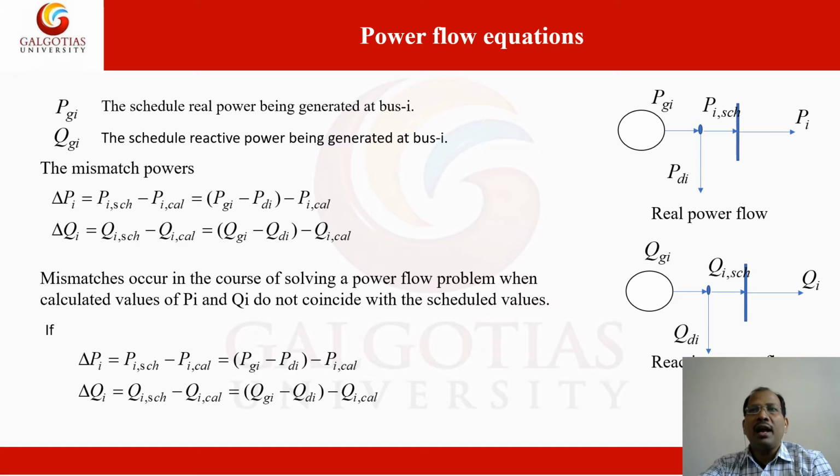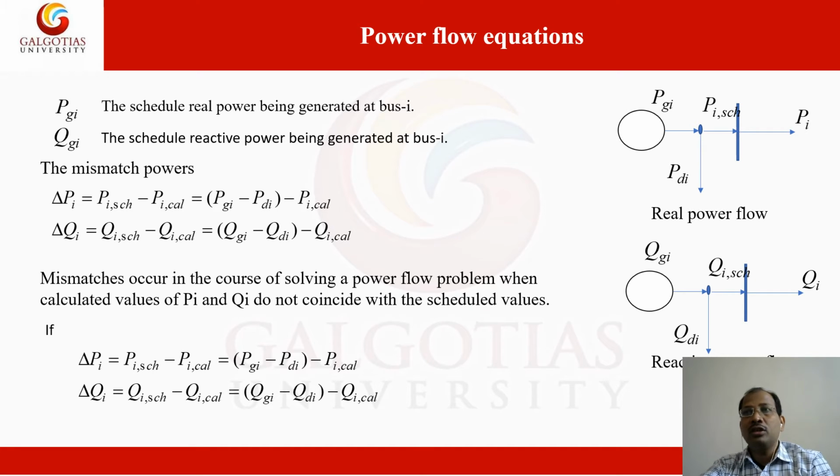So we are trying to minimize these mismatches. This should be near about 0, then we can say it is okay. But it is impossible to make del Pi and del Qi exactly 0. So mismatch occurs in the course of solving power flow problems.